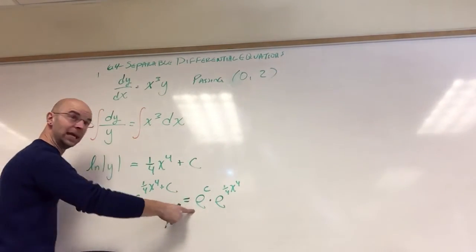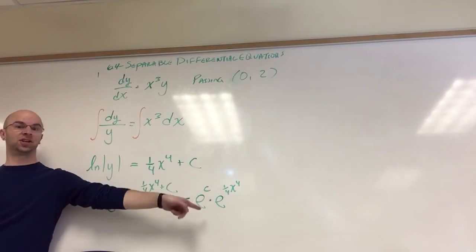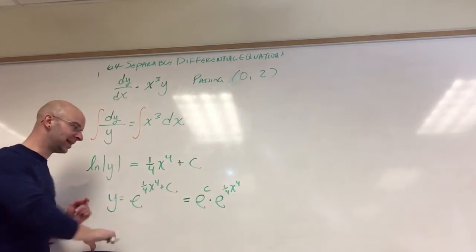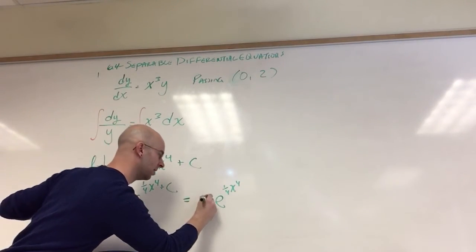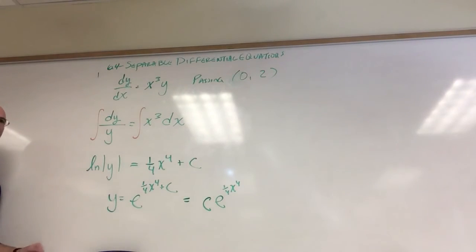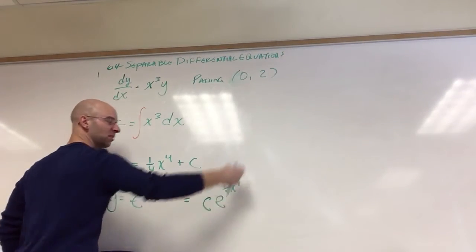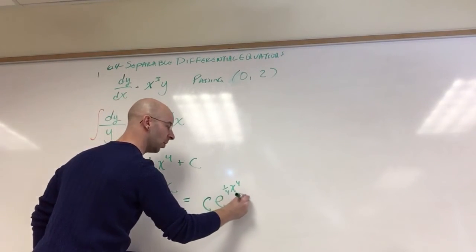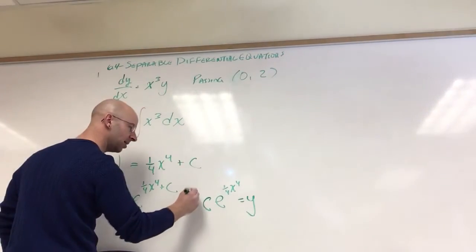The reason I do that: e to some exponent c, that's just a constant. So we've got a constant times e to the 1/4 x to the 4th equals y. There's our general solution.